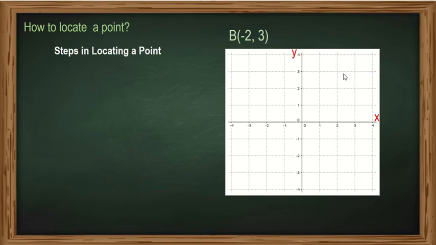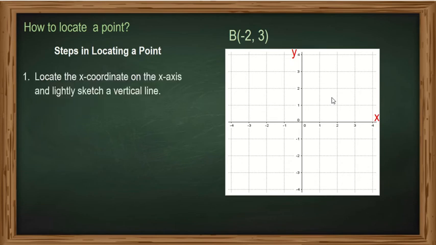Let's have point B with coordinates (-2, 3). Notice that the coordinates are similar to those of point A. The only difference is the sign. Now, will this point lie in the first quadrant or not? Let's find out. Step 1, locate the x-coordinate, negative 2. It's found on the left side of the x-axis, and lightly sketch a vertical line.